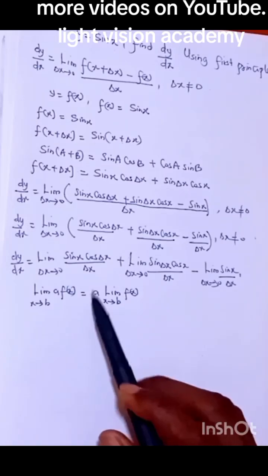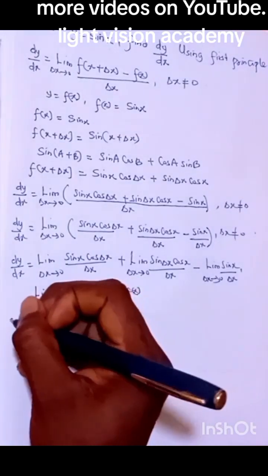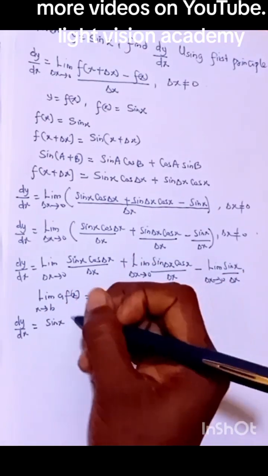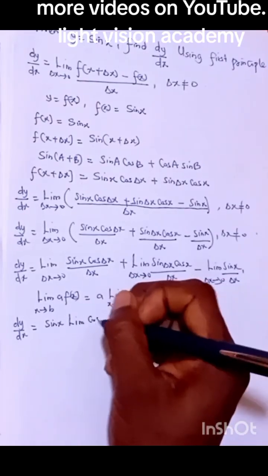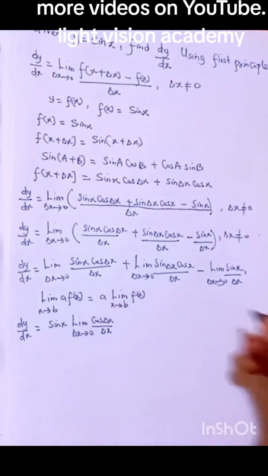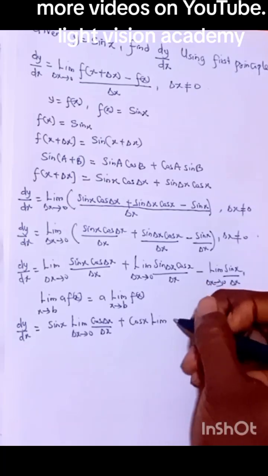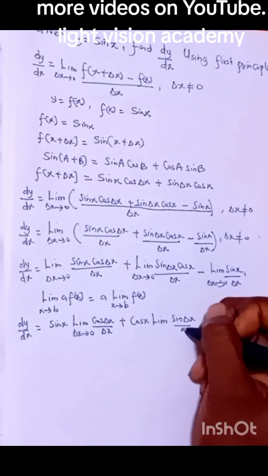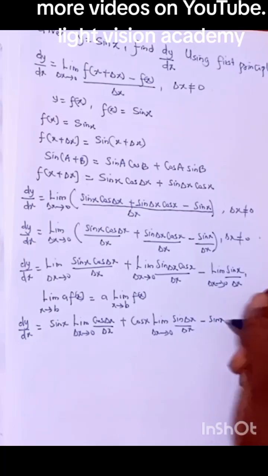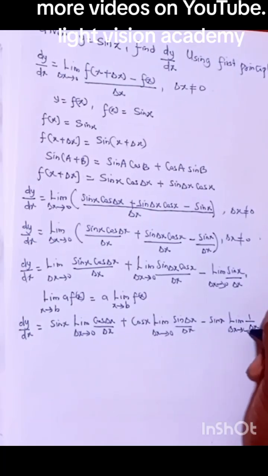So I can decide to bring out each of these terms: sin x, cos x and sin x. Here dy/dx becomes sin x times the limit of cos Δx over Δx as Δx tends to 0, plus cos x times the limit of sin Δx over Δx as Δx tends to 0, minus sin x times the limit of 1 over Δx as Δx tends to 0.